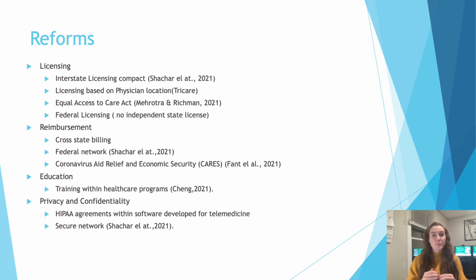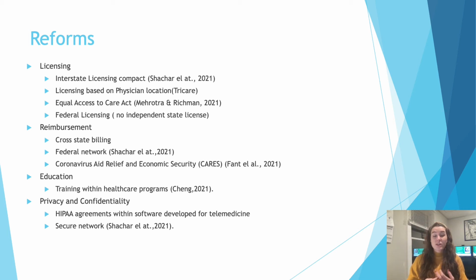In terms of reimbursement and overcoming the initial costs of starting up telehealth services, some things need to be addressed: cross-state billing, not just in-state billing and in-state networks. So how can insurance companies overcome that hurdle?